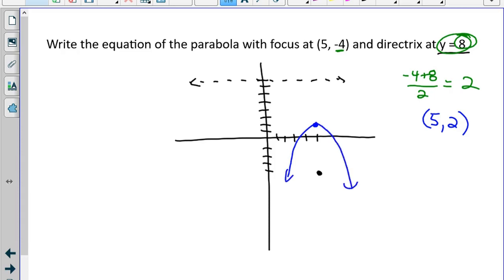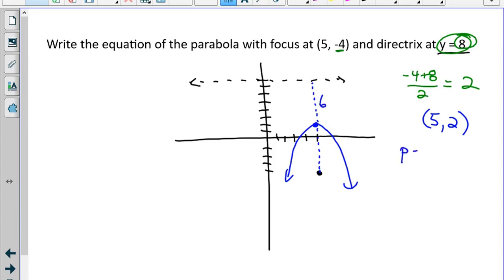The wideness of how it opens is related to how far apart the focus and the directrix are. So p in this case is going to be the distance from the focus to the vertex or the vertex to the directrix. So in either case, this length is 6.